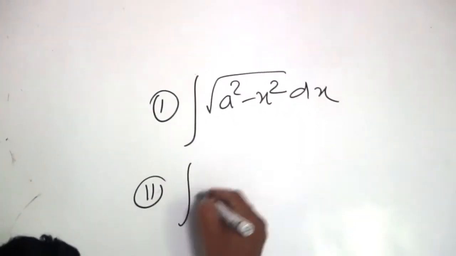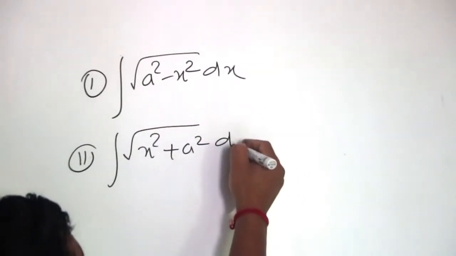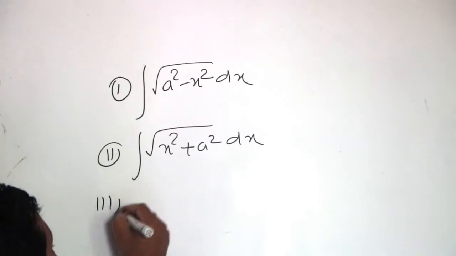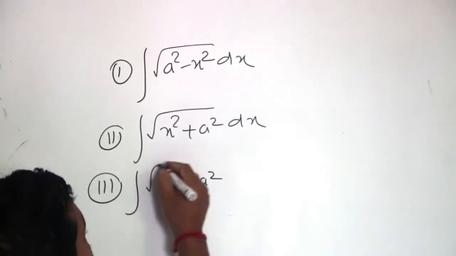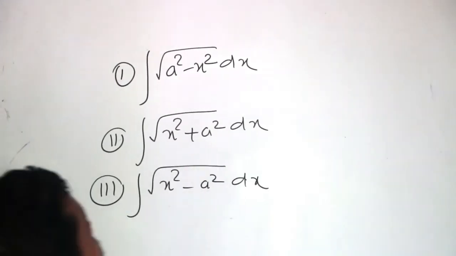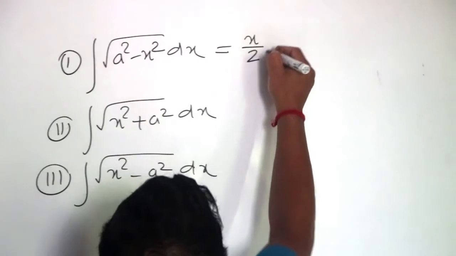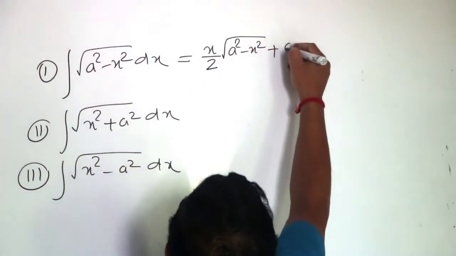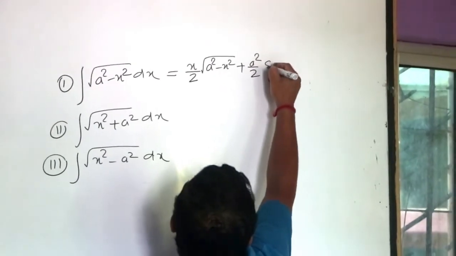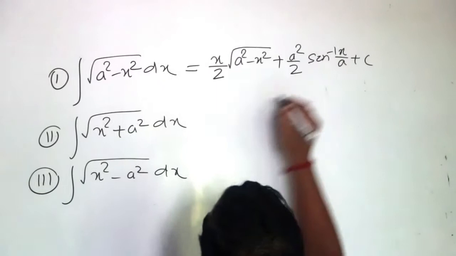Second is root over x square plus a square dx. And third is root over x square minus a square dx. Its result is x by 2 root over a square minus x square plus a square by 2 sin inverse x by a plus c.